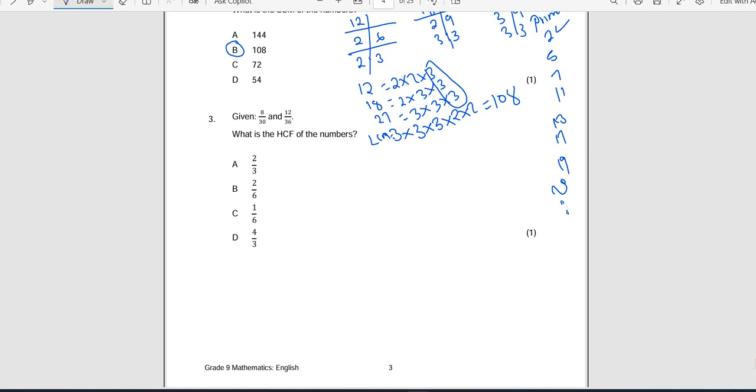Guys, what is the highest common factor of this number? Even with this question, just start with the numerator, and then the denominator. That's the simplest way that we can get the highest common factor. So let's start with the numerator.